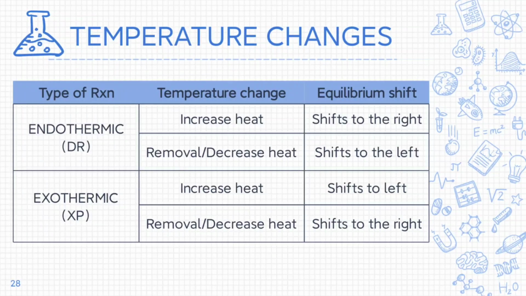Okay? So, endothermic, when you increase the heat, the equilibrium shifts to the right. Kapag naman you remove or decrease heat on an endothermic reaction, the equilibrium shifts to the left. Kapag naman exothermic, if you increase heat, it shifts to the left. Kapag you remove or decrease heat, it shifts to the right.